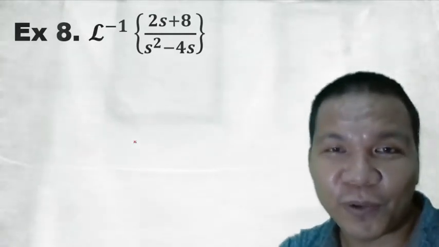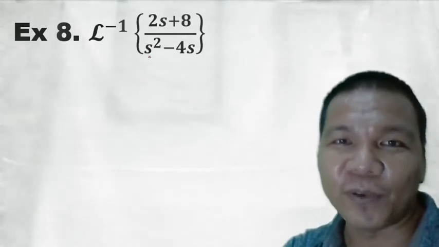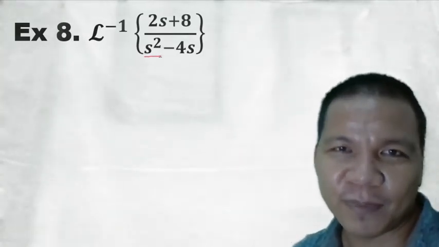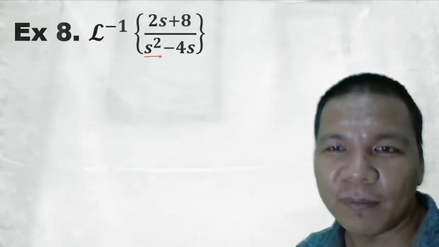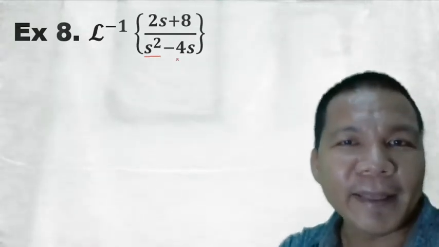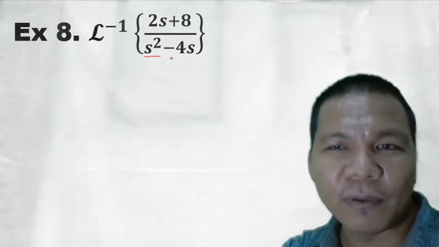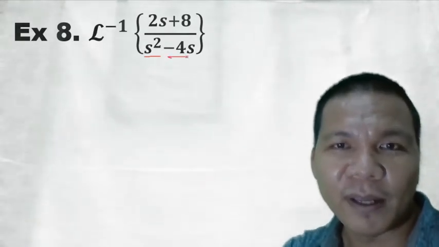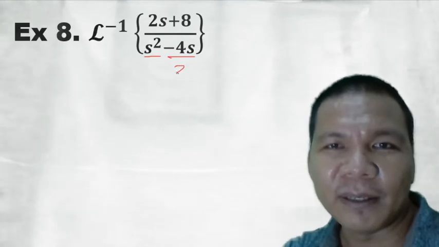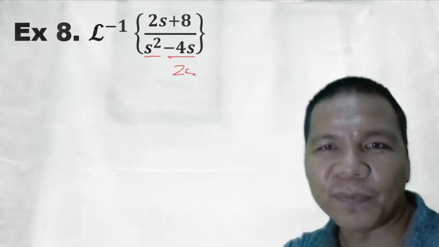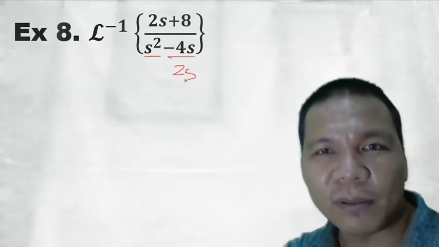I will teach you how to do that. The first thing to do is to take the square root of that. What is the square root of s squared? Write s. And then multiply that by 2. That will become 2s. Then divide this by 2s.